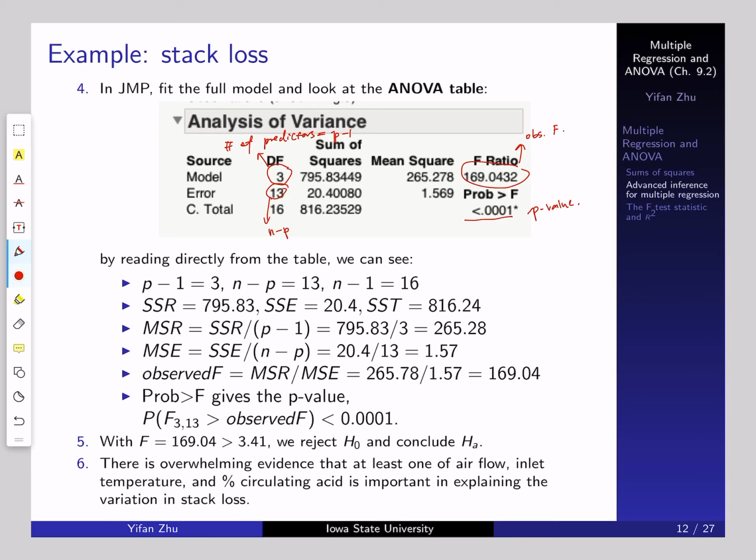The sum of squares here is just SSR, and this is SSE. In the mean square column, we have MSR and MSE, and the F ratio is just MSR divided by MSE.